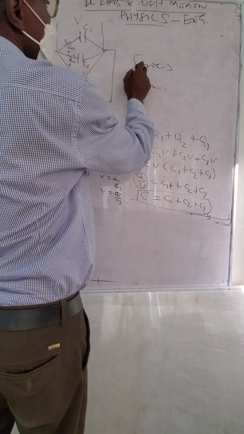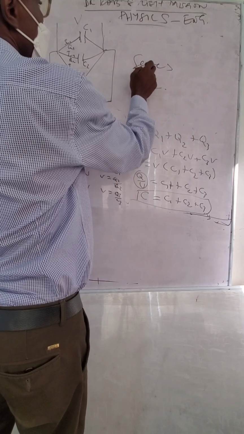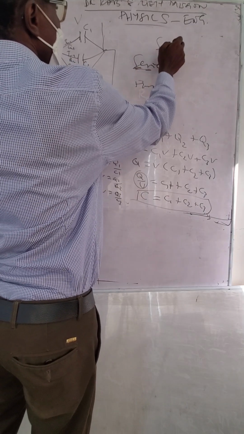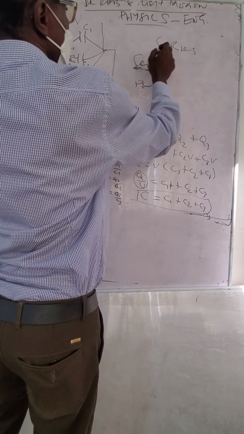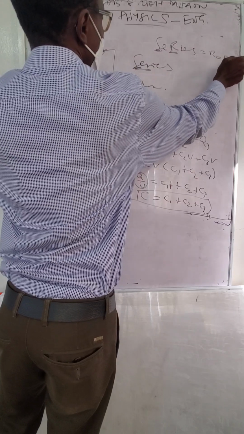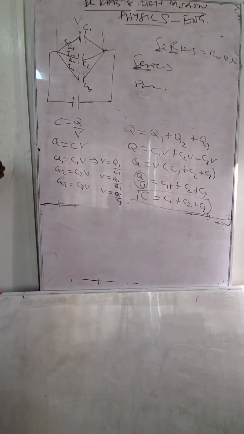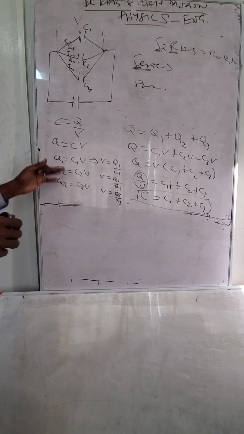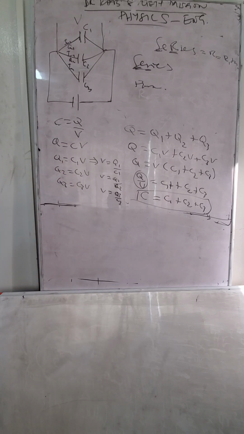Straight for resistance in series, so R is equal to R1 plus R2. Once you get one, the capacitance is the opposite. That is a simple way to let you remember.